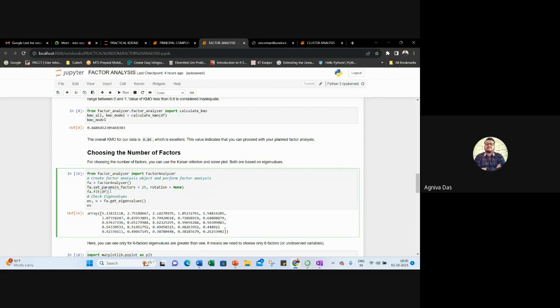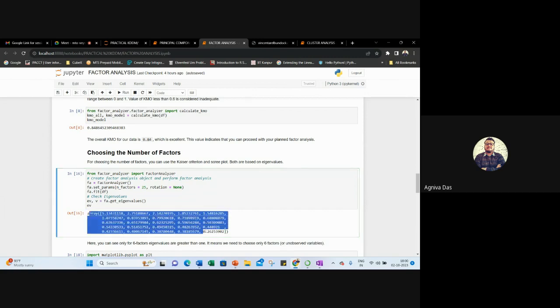After we have set the parameters, we fit our data into this factor analysis model, and then we obtain the coefficient scores. Based on those coefficients, now we will get the eigenvalues and the eigenvectors. As you can see, these are the eigenvectors that we have.